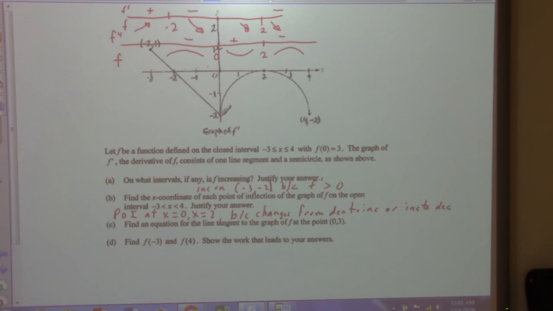What do we know at 0, 3? What is our slope? f prime of 0 is equal to what? 2. This is the graph of f prime, what's f prime at 0?